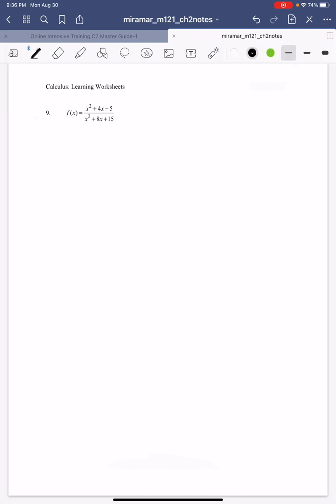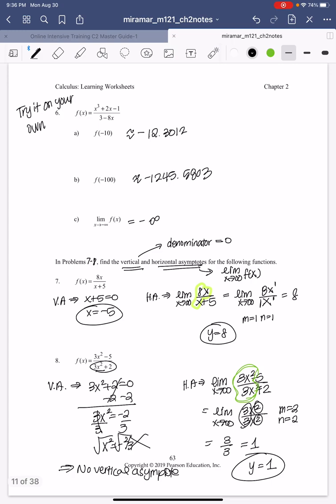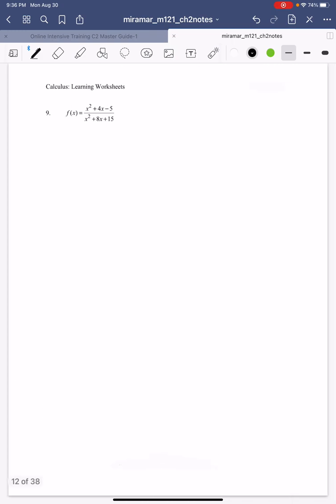Now, number 9, first realize all the past ones I couldn't simplify, but number 9 is factorable. So the function can be reduced as follows. Simplify as much as possible before you begin finding vertical or horizontal asymptote, okay?